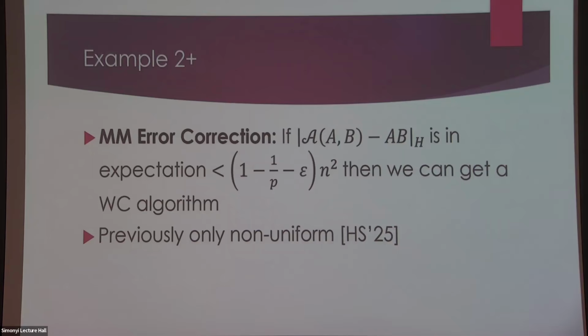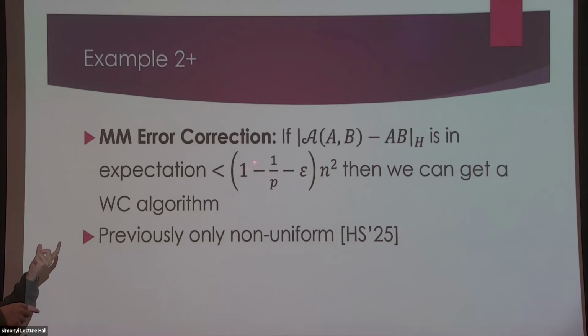In what sense? This is the weakest sense possible. Let's say I have an algorithm A, such that on two uniformly drawn matrices A and B, so the input is still uniformly drawn, it gives me something such that the expected Hamming distance between what the algorithm gives me and the actual multiplication is slightly better than just returning a random matrix.